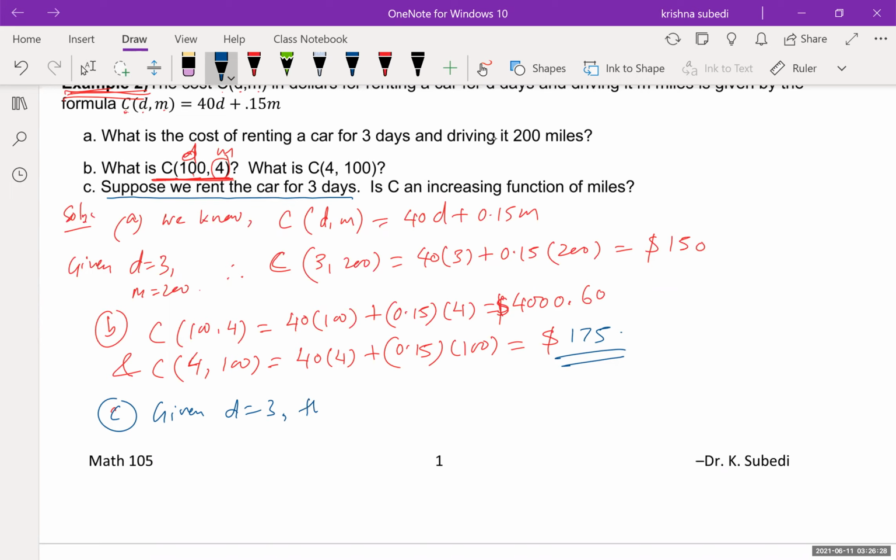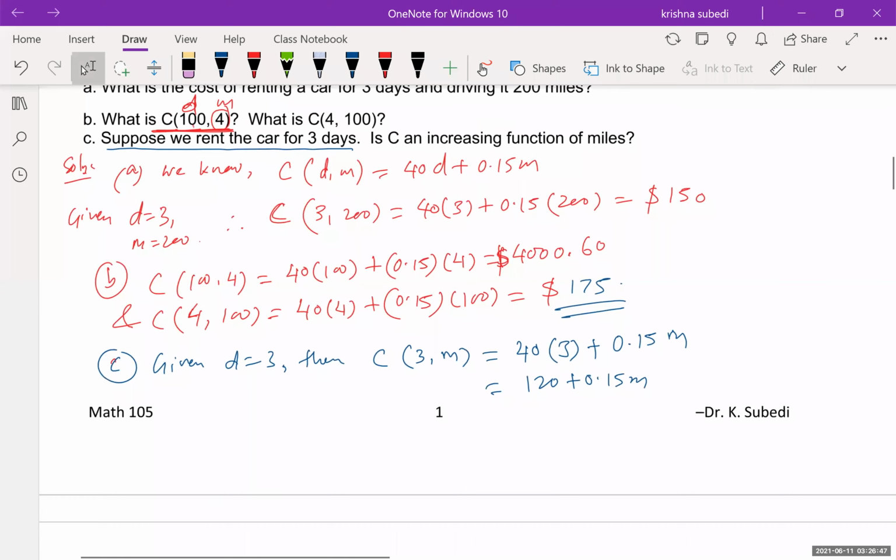So then your C(3, M), M we don't know, we just write M as it is, is 40 times 3 plus 0.15M. That gives me 120 plus 0.15M. Is it an increasing function or a decreasing function? And why? Think for a second and let me know. You can write your answer in the chat box if you like.